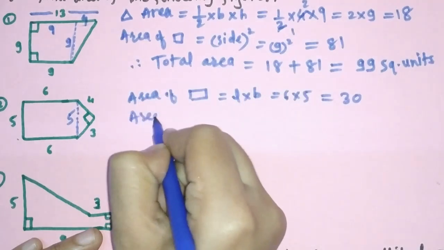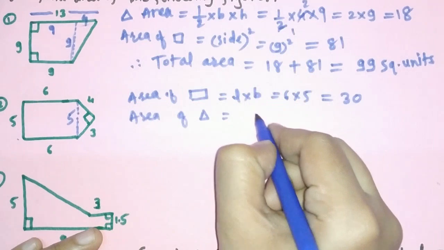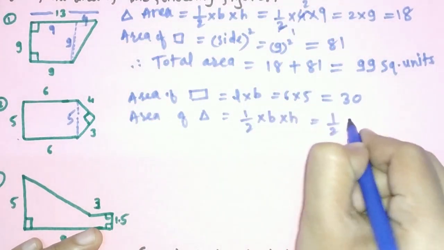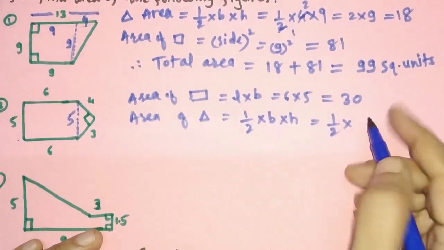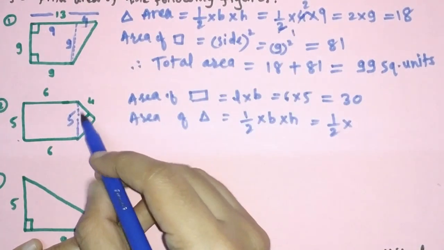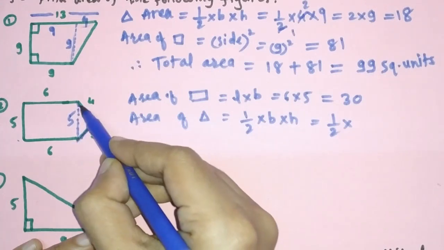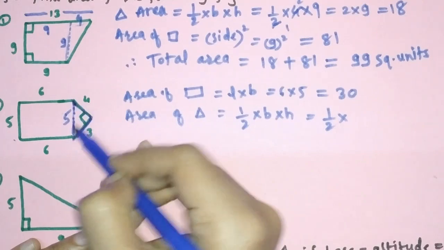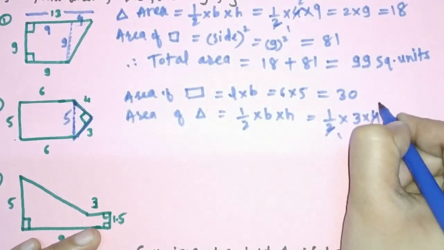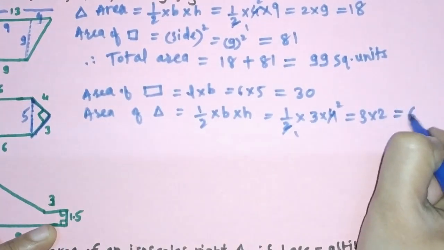Now we'll find the area of the triangle. The area of a triangle is 1 by 2 base into height. So 1 by 2 multiplied by base, which is 3, and the height is 4. So 3 into 4 you will do. 2 ones are 2, 2 twos are 4. Friends, you will get 3 twos are 6. So you will get 6.